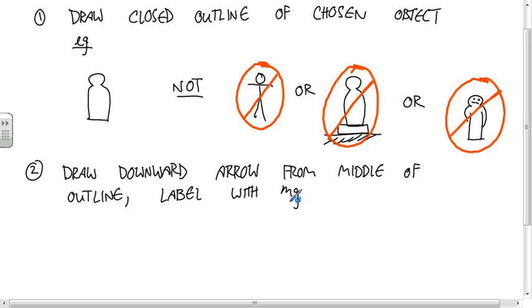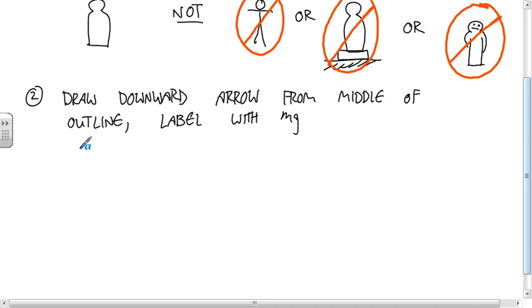If you know what that number is, you can put the number in. But label it with the mass times the acceleration of gravity. So for example, there's the outline. There's the arrow representing the weight force, and the weight force magnitude is 490.5.